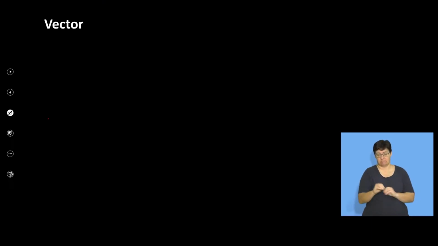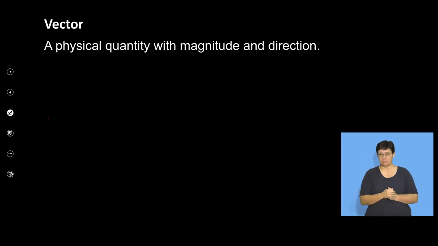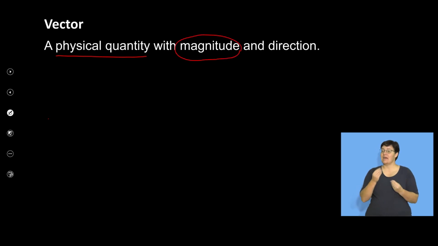It helps us understand the motion. So vectors have to do with motion, with things that will cause motion, okay? So a vector is a physical quantity again that has magnitude, size, and direction.